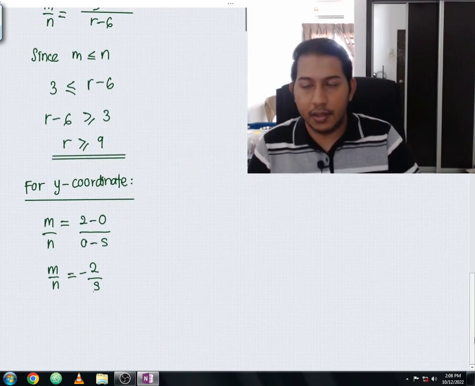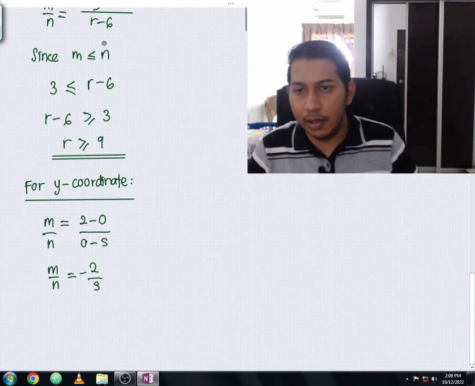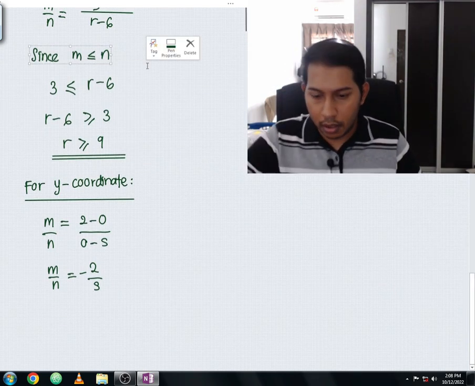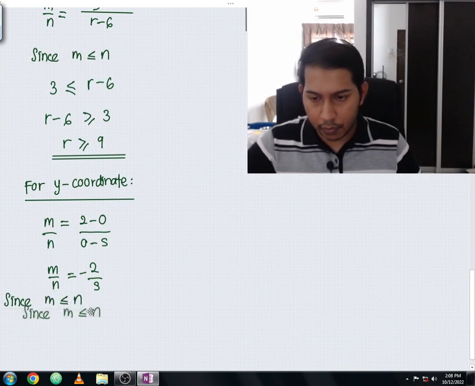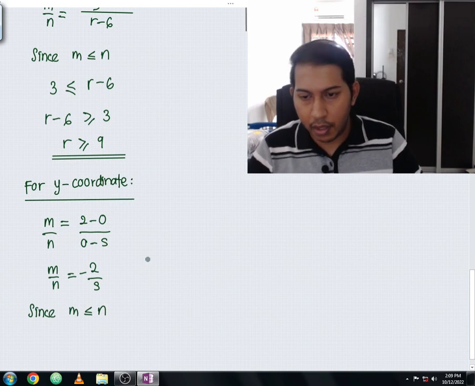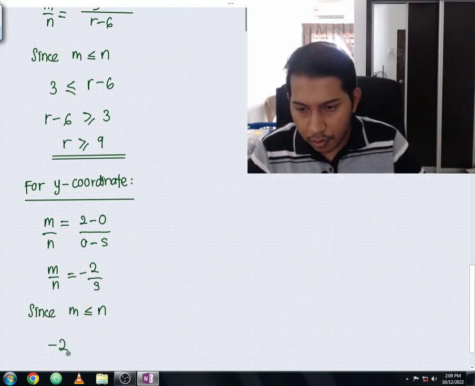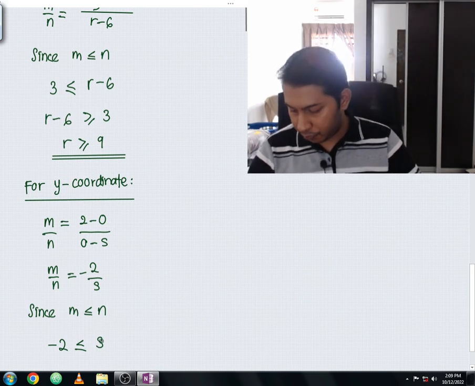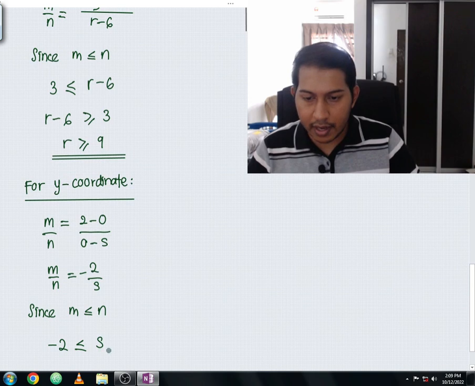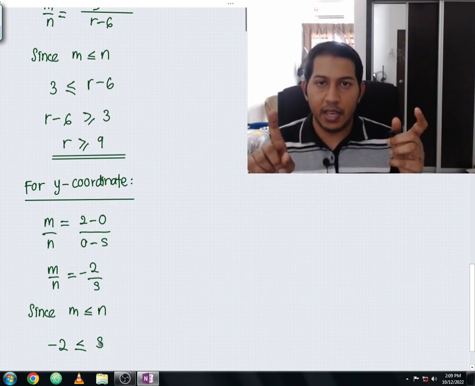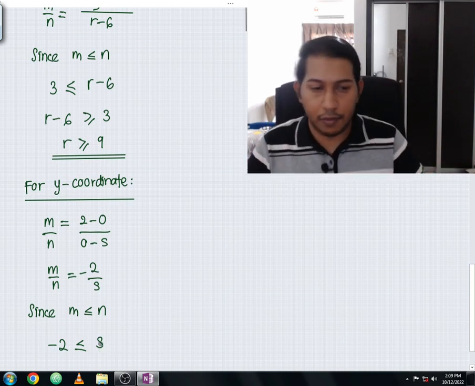So since the condition is still applicable, since m less than equals to n, okay, so from here negative 2 will be less than equals to s.